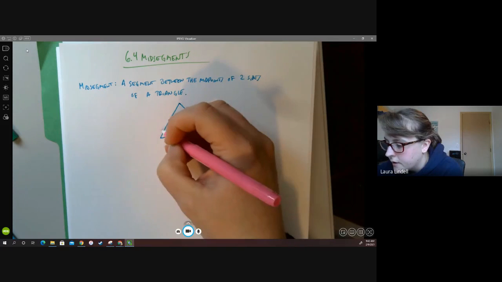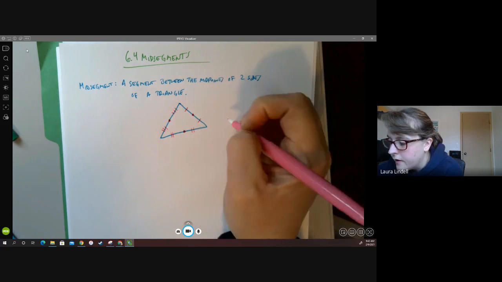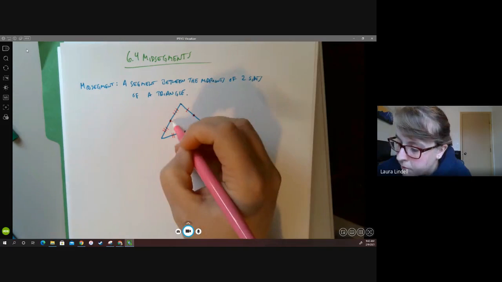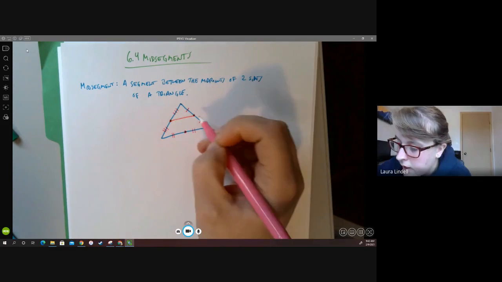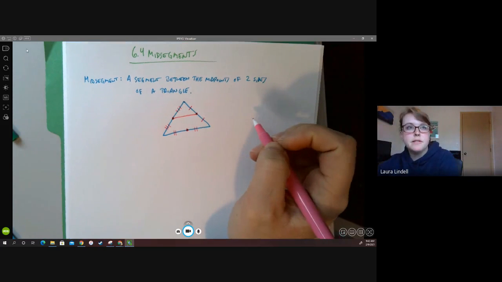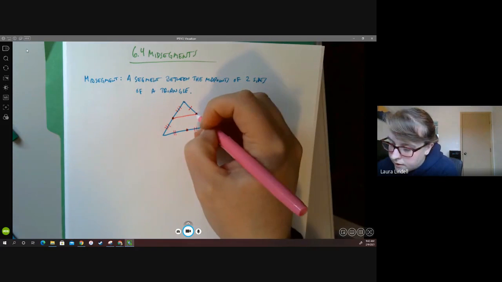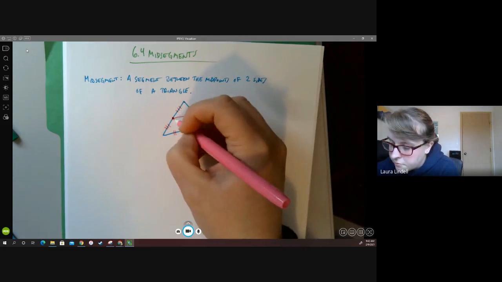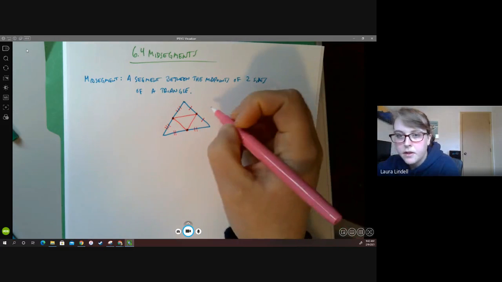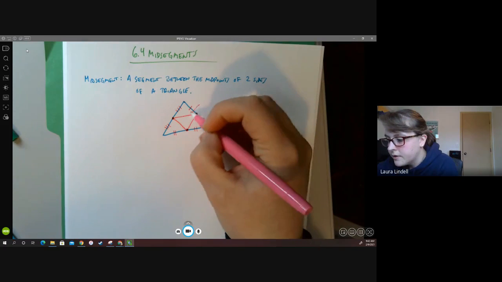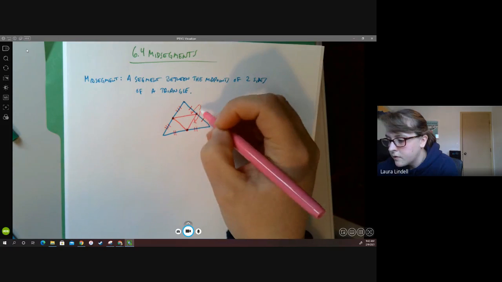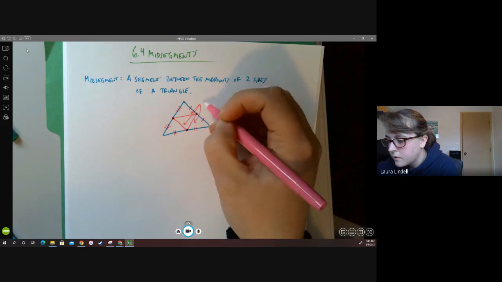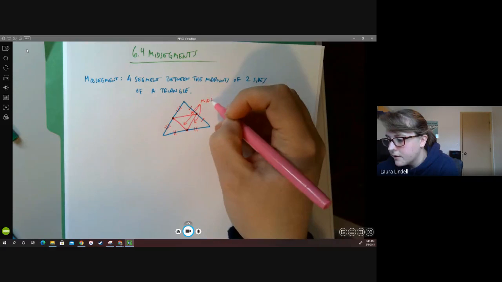These are congruent, and these are congruent. A mid-segment would be a line between any two of these points. So that would be a mid-segment. This would be a mid-segment, and this would be a mid-segment. So all three of these would be mid-segments.